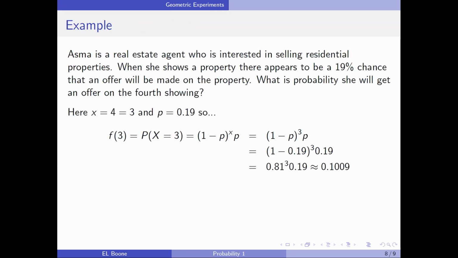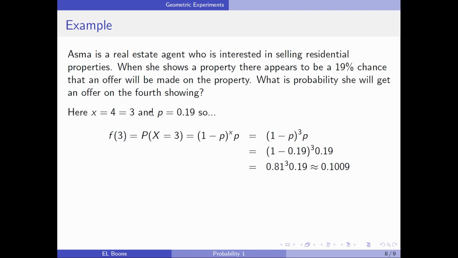But let's look at one more. Asma is a real estate agent who is interested in selling residential properties. She knows that when she shows a property, there appears to be a 19% chance that an offer will be made on the property. What is the probability that she will get an offer on the 4th showing? So here, x equals 4 minus 1, equals 3.